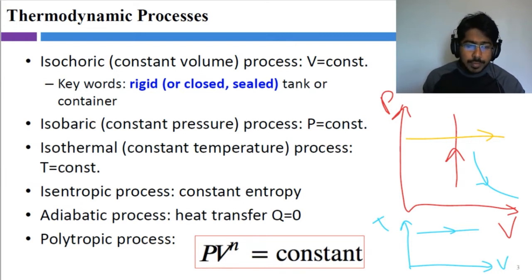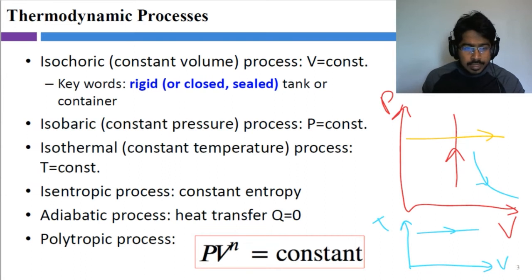And we have isentropic processes where the entropy is constant, but at this point we have not learned what entropy is, so we pause it for now. Keep that concept in the refrigerator and we'll take it out when the time is right.